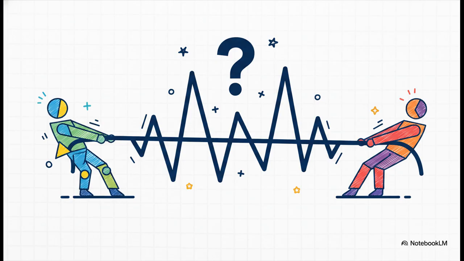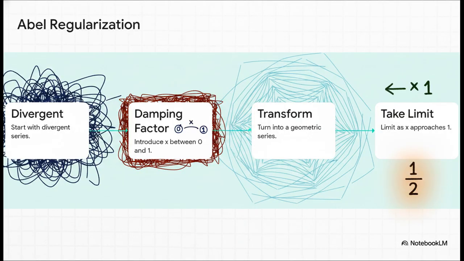So, how in the world could we possibly assign a single, meaningful, finite value to an endless tug-of-war like this? Well, this brings us to this brilliant insider secret in math called Abel-regularization. Here's how they do it step by step. Mathematicians take that unruly divergent series and they introduce a damping factor, let's just call it x, which sits between 0 and 1. When they multiply the terms by powers of x, it miraculously transforms that chaotic sum into a really clean geometric series, specifically 1 over the quantity 1 plus x.